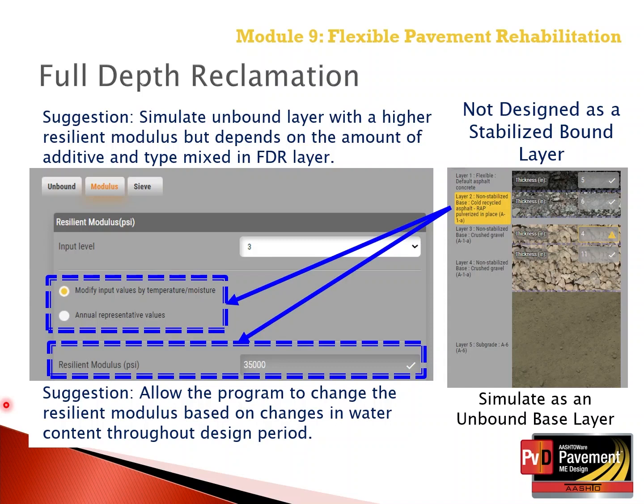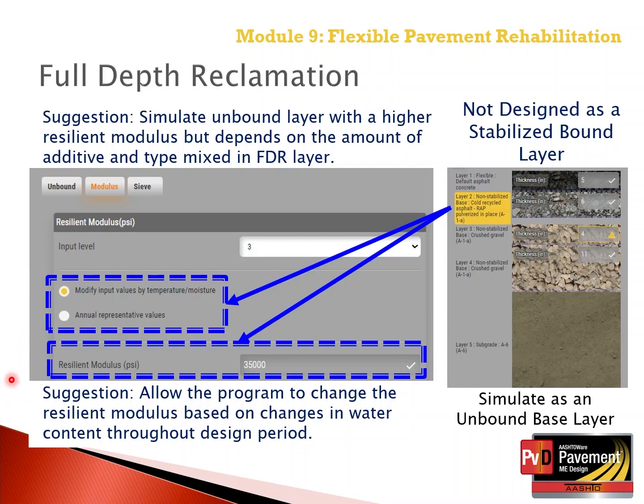In addition, how much asphalt is being mixed in with some of the aggregate base materials that are present in the existing flexible pavement structure. So this is user-dependent. There's information included in the MEPDG Manual of Practice for providing additional information in terms of the suggestions.